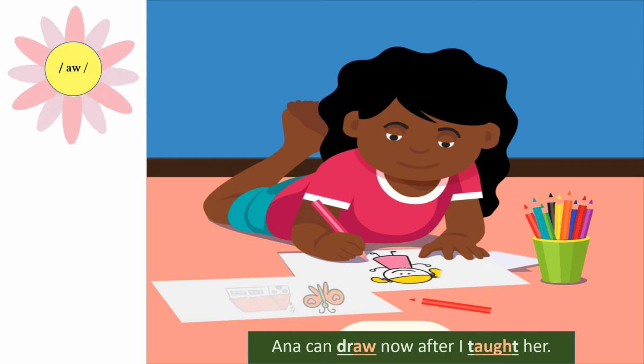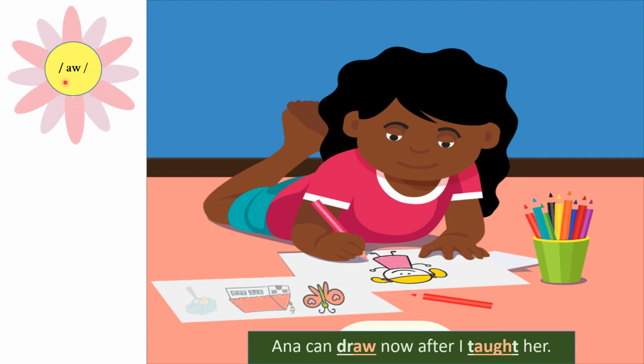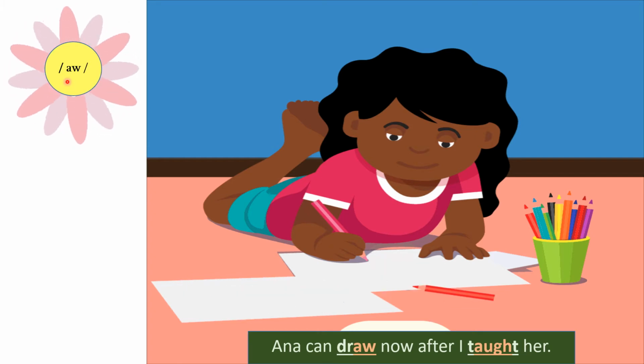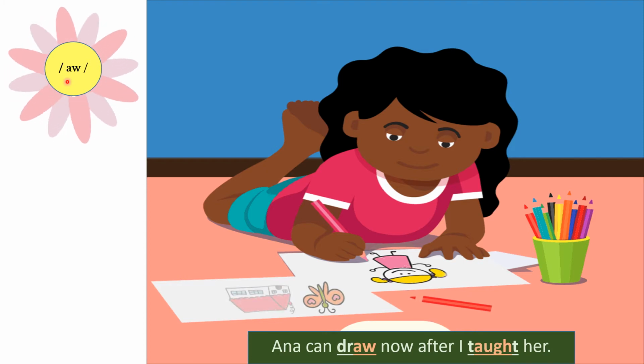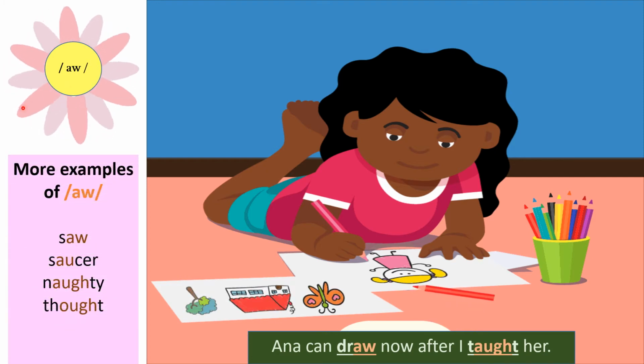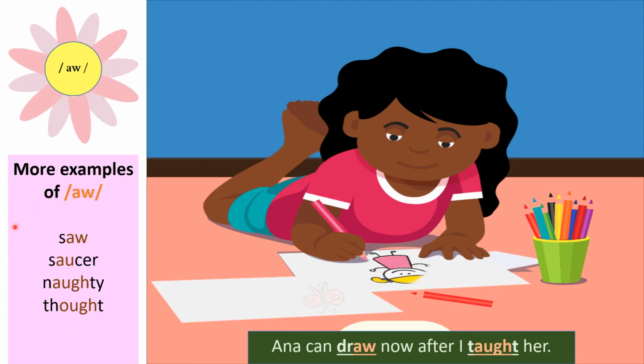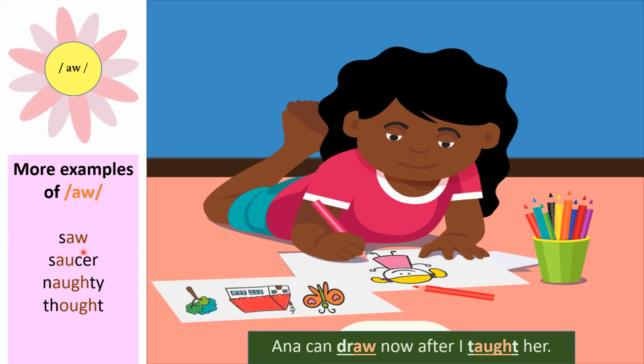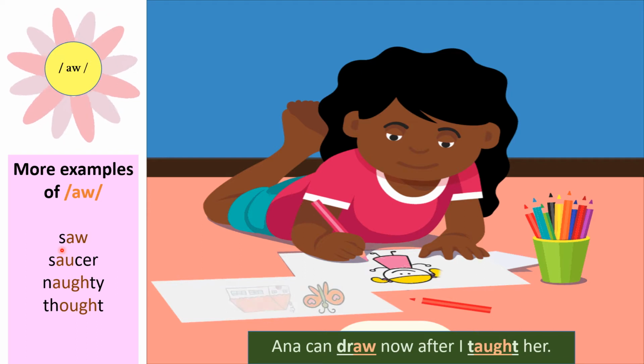The next pronunciation symbol of vowels has an O sound. This symbol has actually the same sound as the short O. Now, how are we going to spell this O sound? The O sound can be spelled like AW, just like in the word saw.